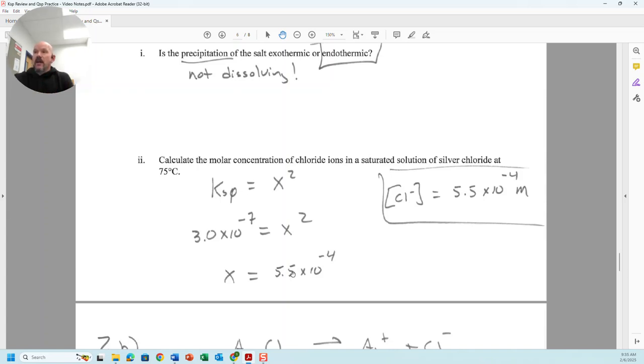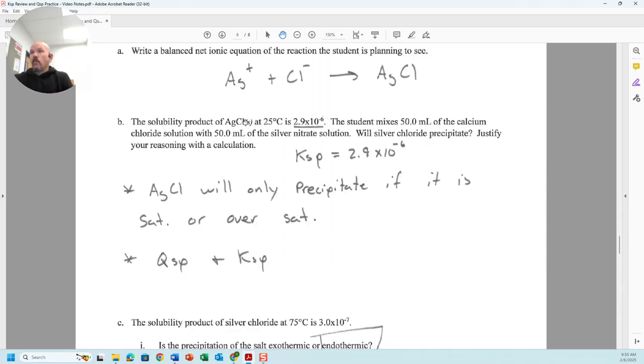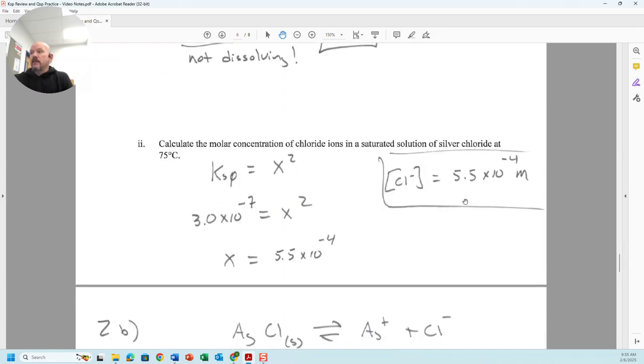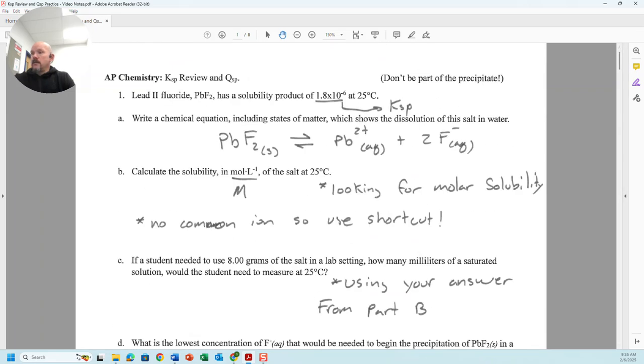X is the molarity of the compound, but because chloride has a subscript of 1 in silver chloride, x would also be the concentration of chloride ions. It's also the concentration of silver ions, okay? So the answer would be 5.5 times 10 to the negative 10 moles per liter, for part 2, okay? All right, so that kind of takes us through the Ksp review and Qsp.